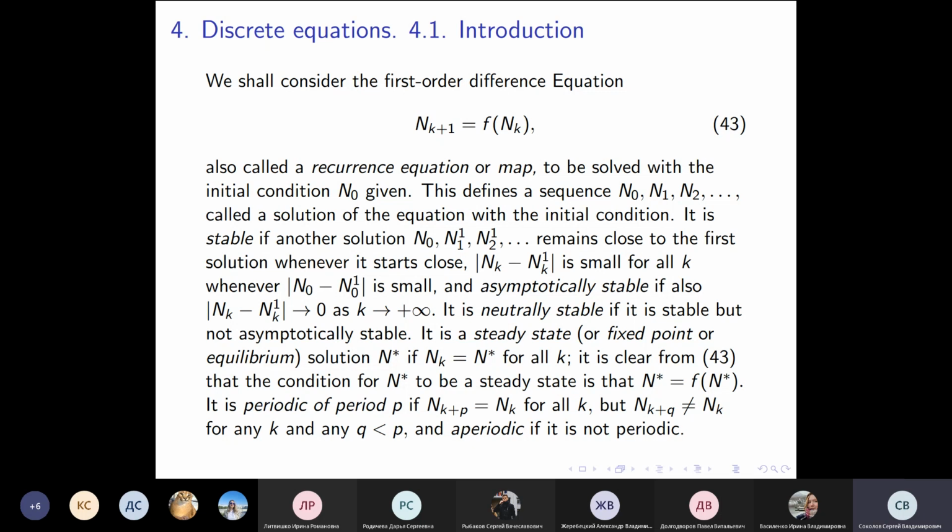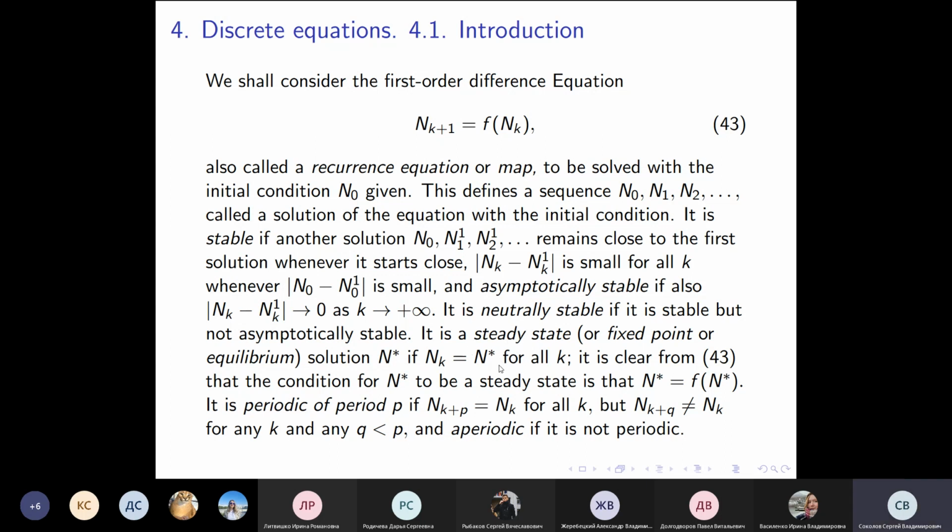The answer is quite simple. We consider our equation, and we suppose that n_{k+1} is n_k, simply n_est for all k.